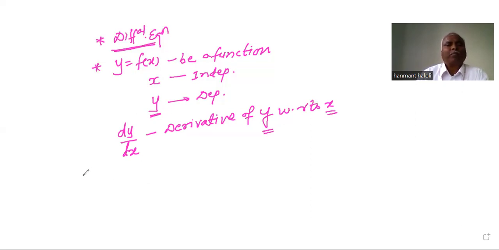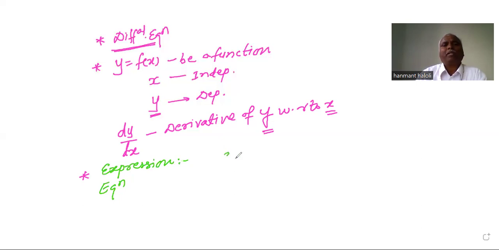Now, the next point is equation. Before going to equation, I'll tell you what is meant by expression, then we'll go for equation. An expression contains one or two variables related with some mathematical operations.